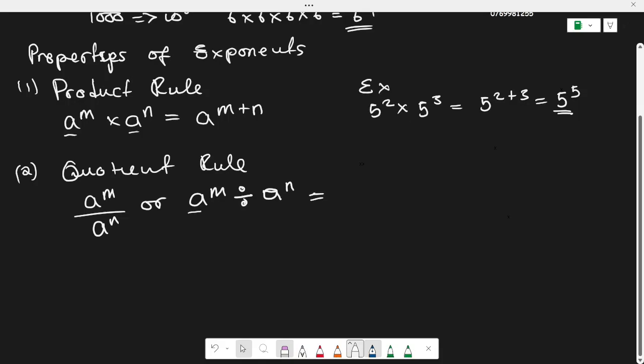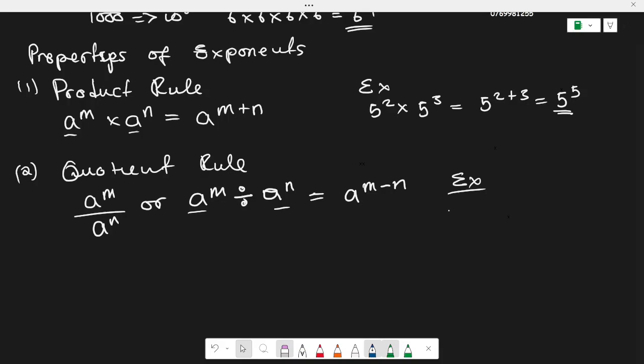Since these two have the same base, this can be written as a to the power m minus n. An example would be 2 to the power 4 over 2 to the power 2. This is equal to 2 to the power 4 minus 2, which is equal to 2 to the power 2.